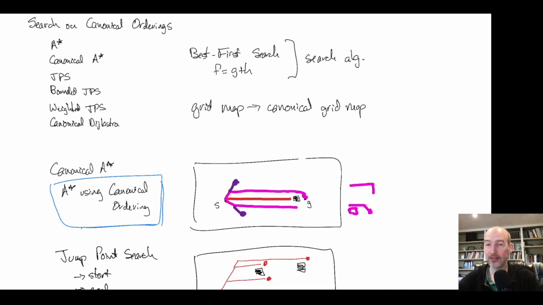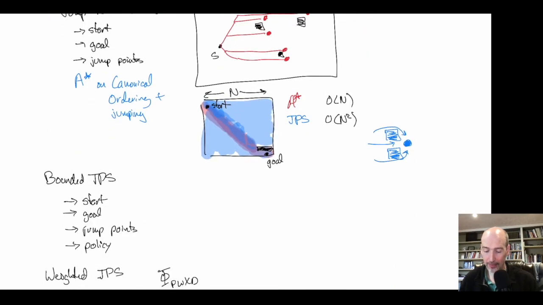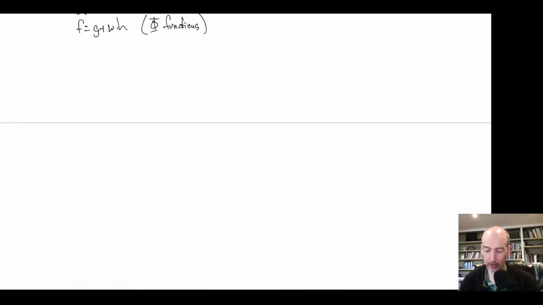So for instance, our differential heuristics require single source shortest path search. And if I'm doing them on a grid map, then maybe I can use the canonical ordering to do this more efficiently. I'm going to describe this at a high level, but let's look at canonical Dijkstra.